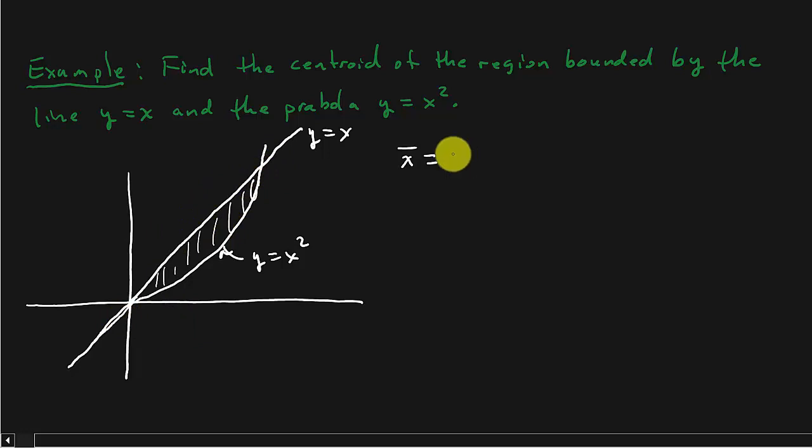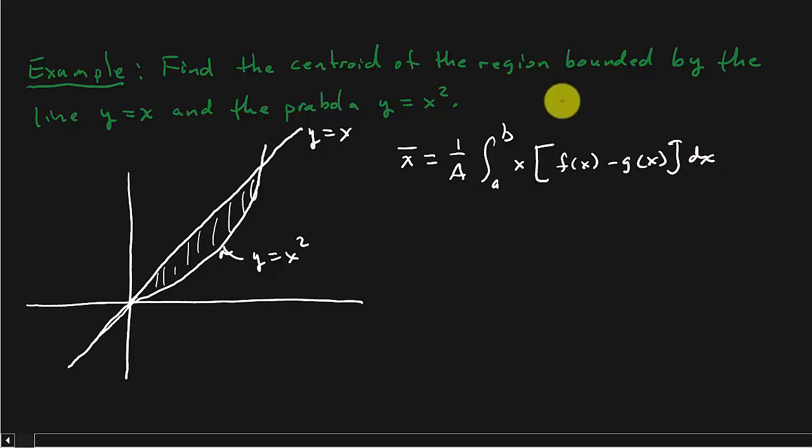And so x bar here, that would be 1 over A times the integral from a to b of x times f of x minus g of x dx. And keep in mind that f of x is greater than or equal to g of x.